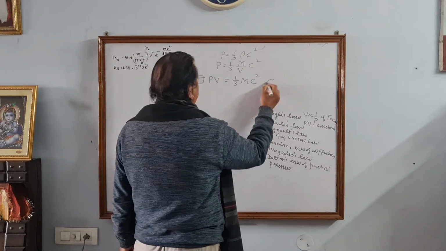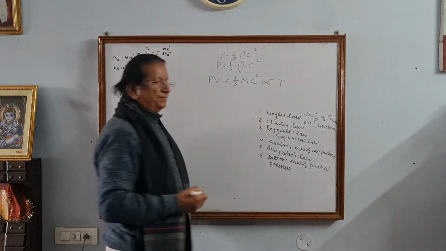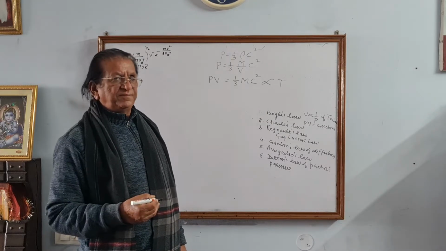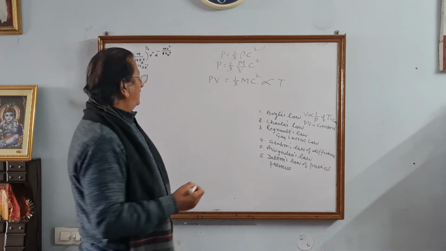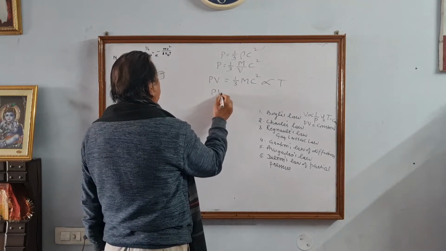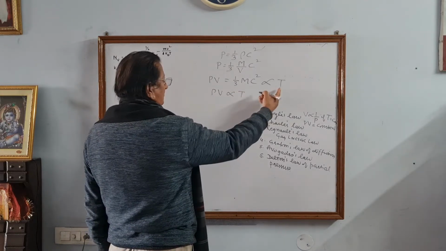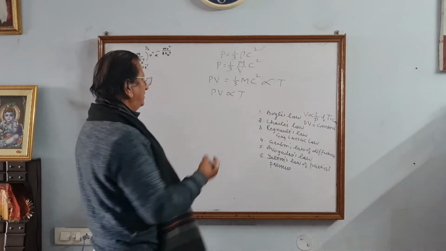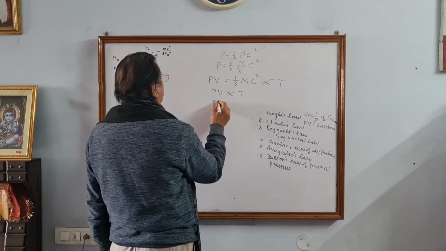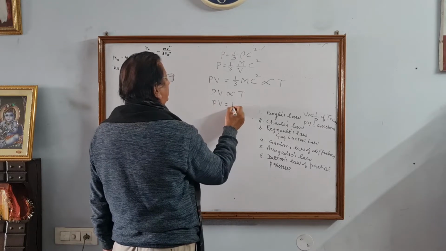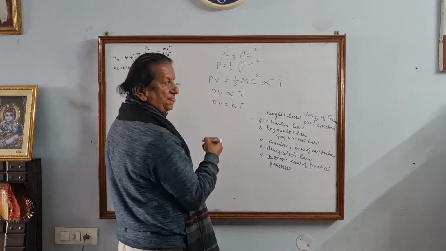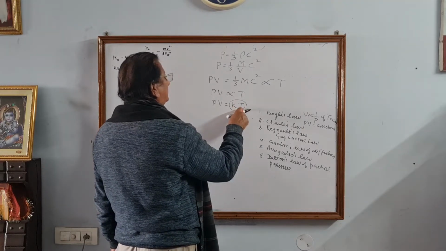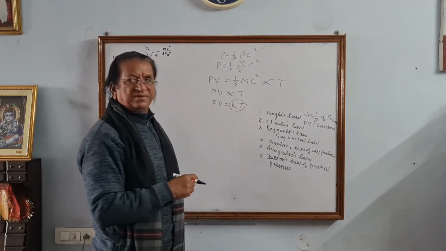Yesterday I told you c square is proportional to T. Root mean square velocity is a function of temperature. So that means PV is proportional to T, and if temperature is kept constant, then PV will be some constant into this T. And this mass is constant, this temperature is also kept constant.